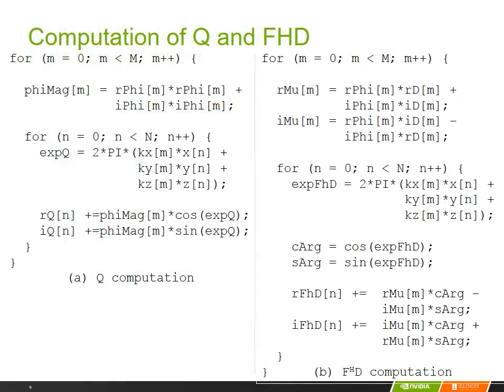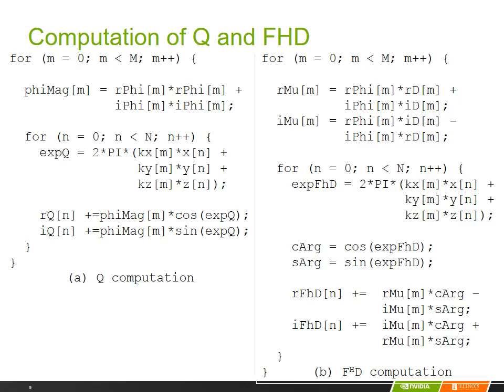Here we show the source code for the Q operator and the FHD. It turns out that the code has almost identical computational structure. The outermost loop iterates through M, which is the samples, and the inner loop iterates through N, which are the pixels we reconstruct.